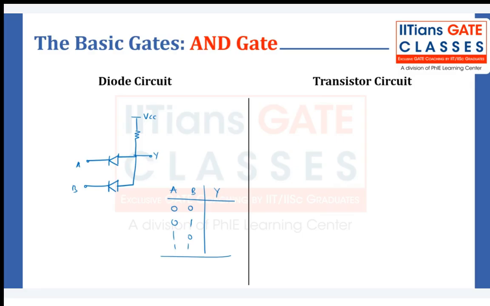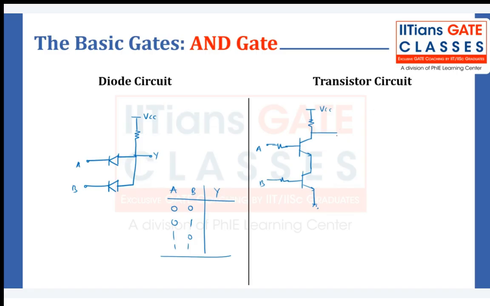Next is the transistor circuit. Let's not make it very boring, so we'll not draw the transistor circuit in full. I will simply draw, and you can analyze it. VCC, one transistor. We connect it to A, and then a cascade connection like this.